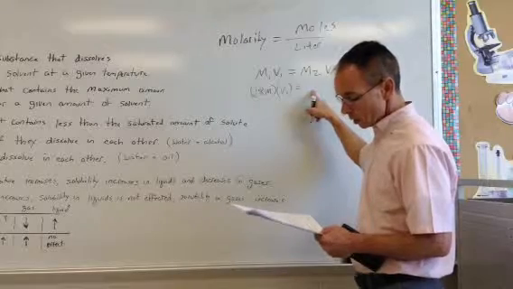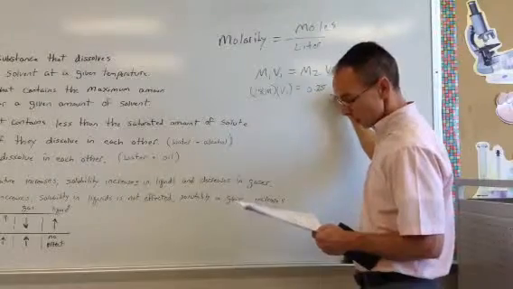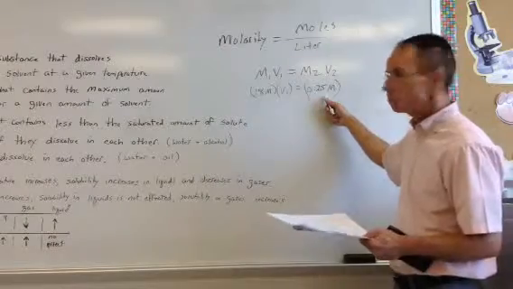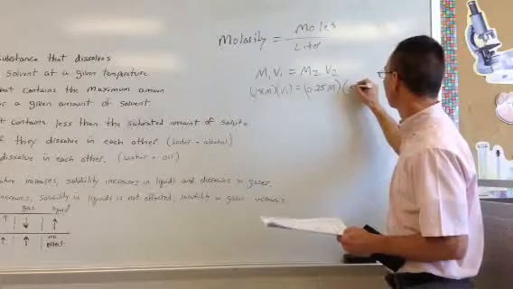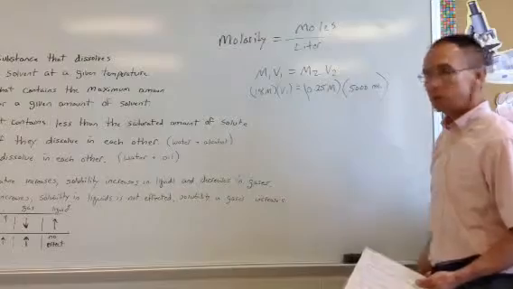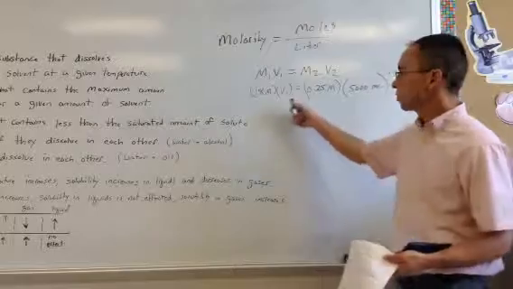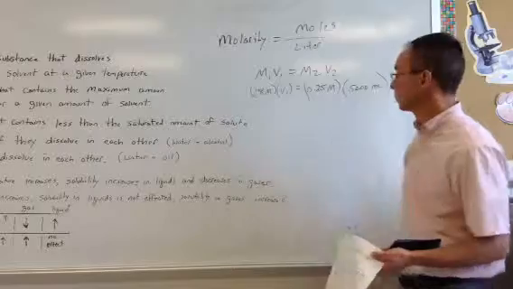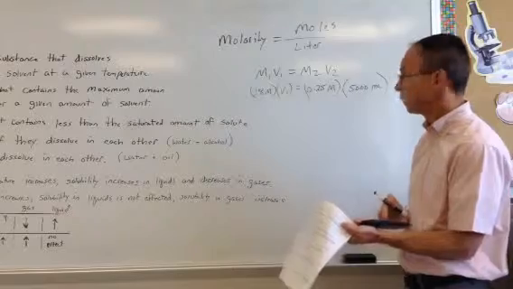Okay, well, they want me to make a 0.25 molar solution. So that's my ending molarity, my M2. Okay, and they want 5,000 mLs of it. Okay, so just like the last problem, I plug in the numbers from the word problem that they're giving me, and then I solve for the unknown, which is the volume of the stock solution that I need to dilute up to 5,000 milliliters. Okay, well, first I multiply these two together, 0.25 times 5,000.